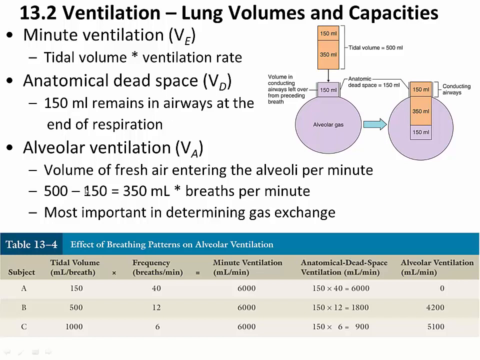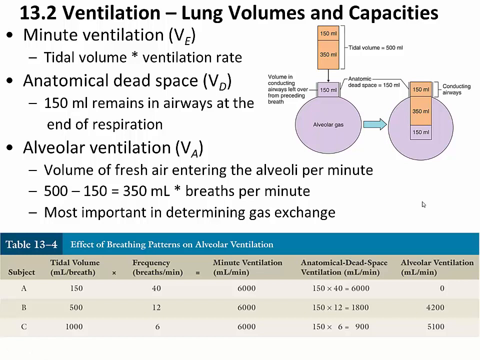For instance, we calculate, as we see here, the alveolar ventilation as the tidal volume minus the anatomical dead space, which is 150 mils, and then we multiply that times the breaths per minute. And so this, of course, is what's important in determining gas exchange. The deoxygenated air that was resting in that anatomical dead space is of no use as far as the provision of oxygen for oxygen exchange.